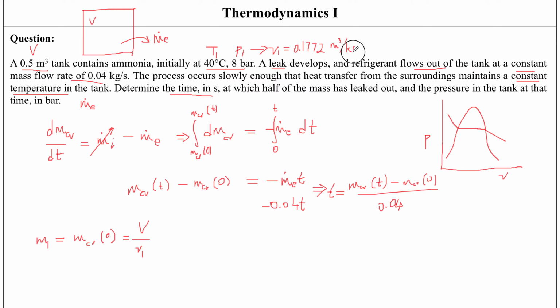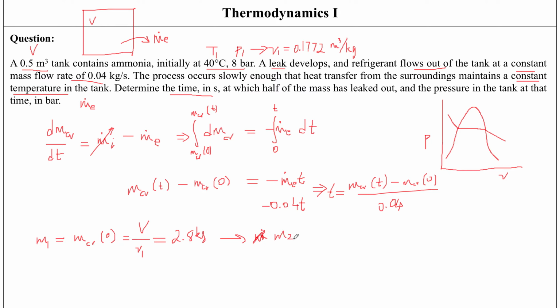Okay. So now you've got volume and you've got specific volume as well. Just plug that in, and you're going to have your mass of the control volume at time 0, and it's going to be 2.8 kilograms, roundabout that.